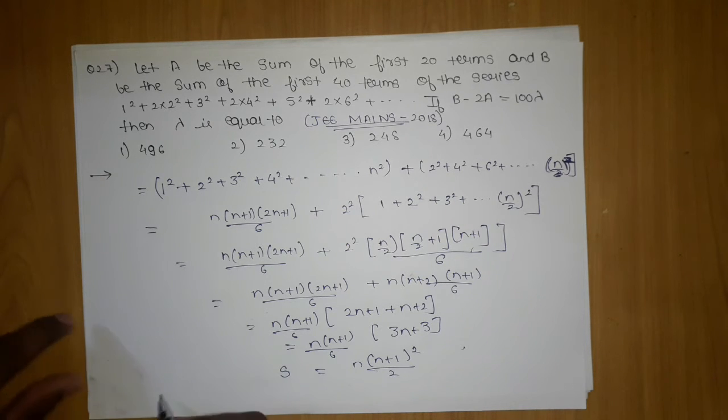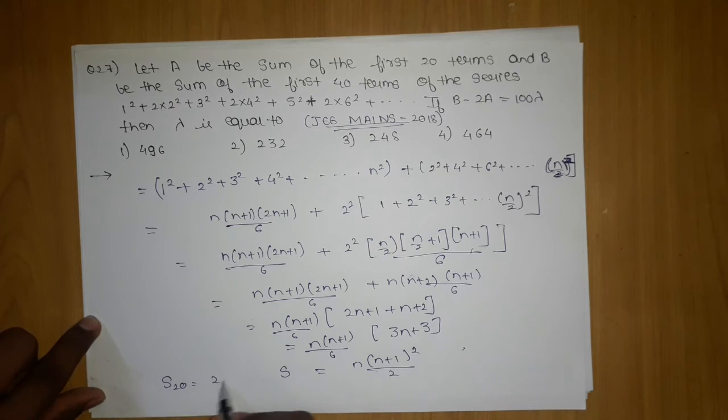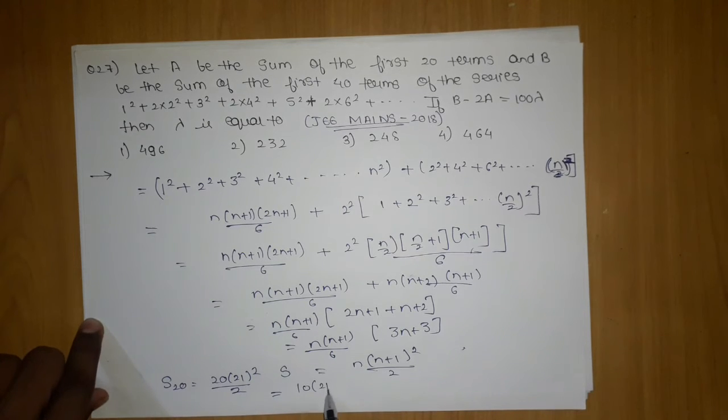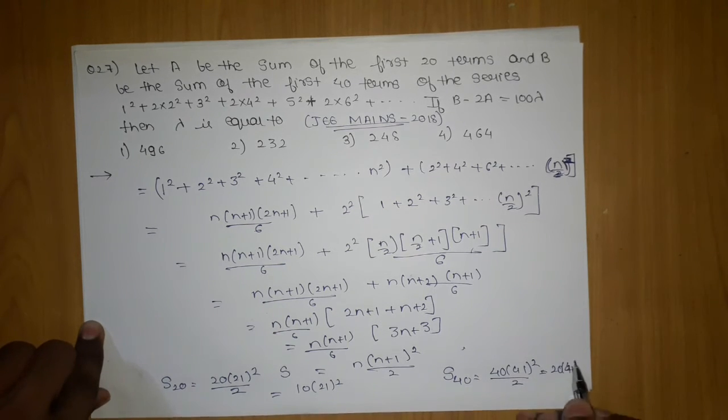So if I get S20, it will be nothing but 20 into 21 square by 2, which will be 10 into 21 square. While if I get S40, it will be nothing but 40 into 41 the whole square by 2, which will be 20 into 41 the whole square. Let me get the next page.